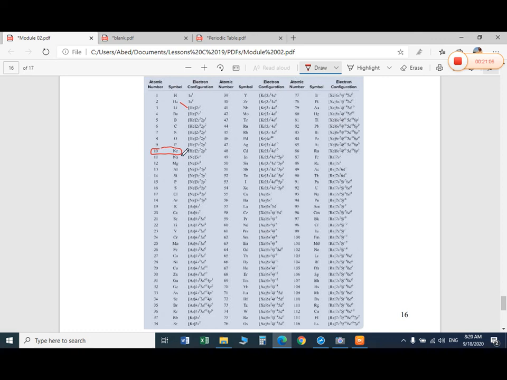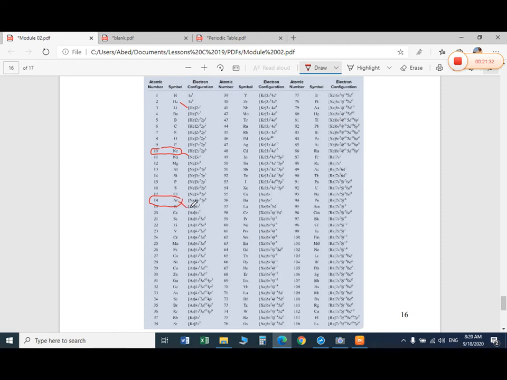Now for the next, sodium, instead of writing 1s2, 2s2, 2p6, we write just neon in the bracket, and at the end we say 3s1, so it becomes 11. And then when we reach argon with 18 electrons, instead of writing this complete configuration of 1s2, 2s2, 2p6, 3s2, 3p6, we just write argon in the bracket.